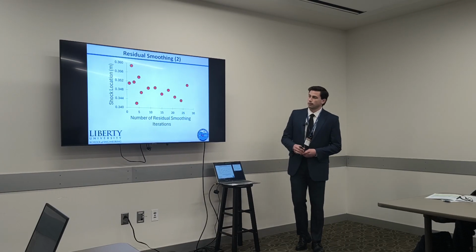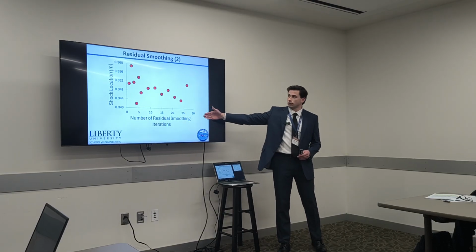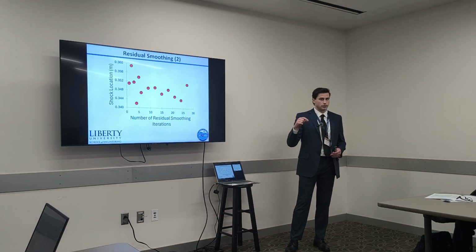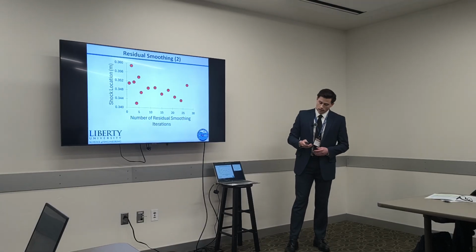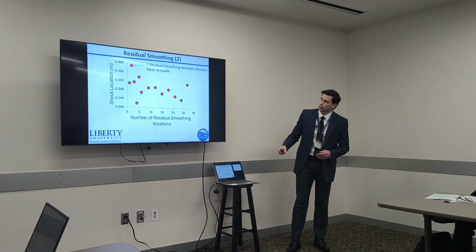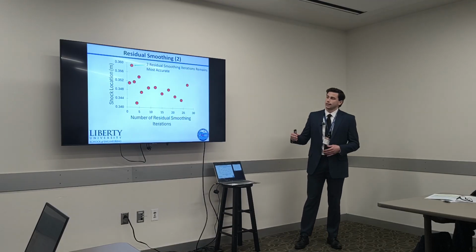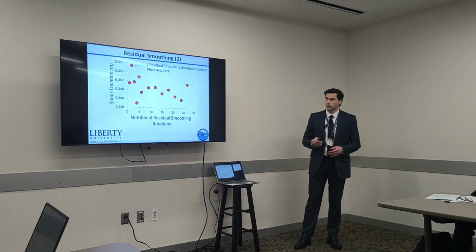So you can see here, basically we increased the number of residual smoothing iterations all the way up to 27, and then measured the shock location at the 100,000th iteration to see what kind of variance we would get. And the two residual smoothing iteration model that we showed you the contour plot of still remains the most accurate, even though all of these models were tested.